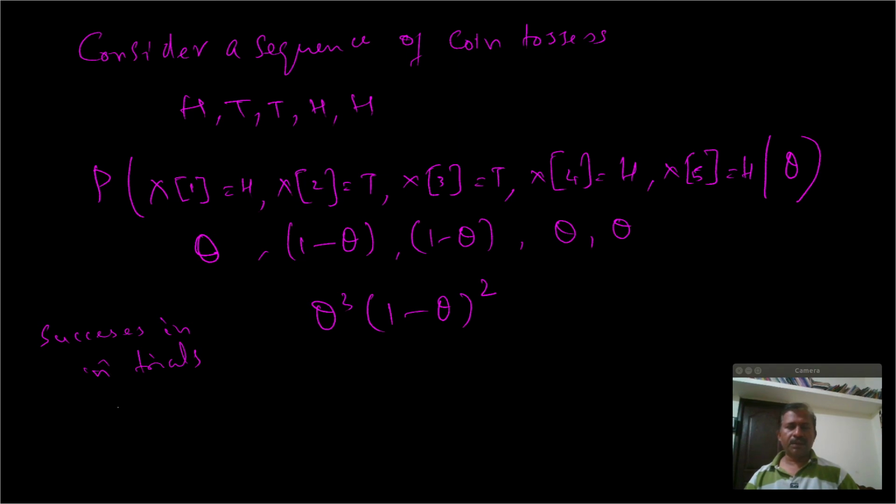If P is the probability and R the number of successes, P to the R, 1 minus P to the n minus R, maybe. So this is basically the binomial distribution that we are talking about, right?